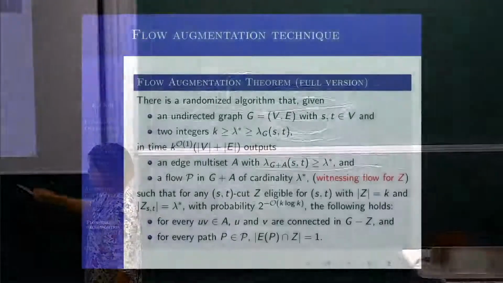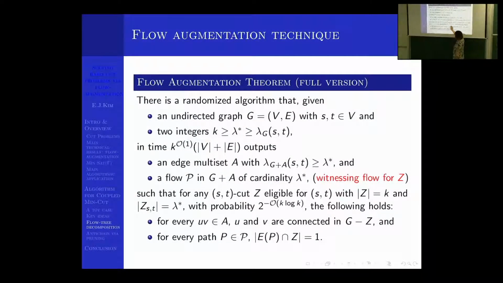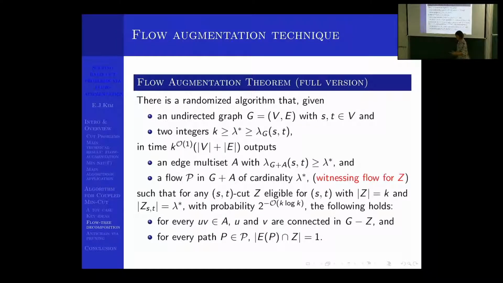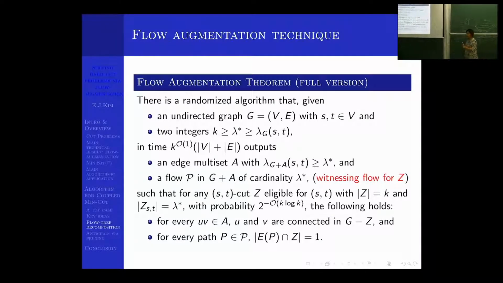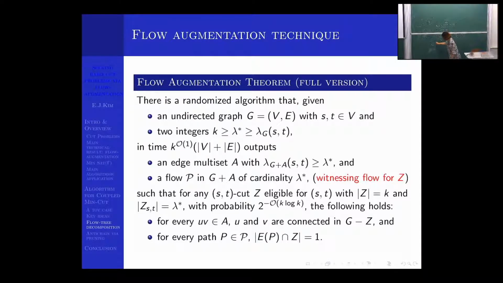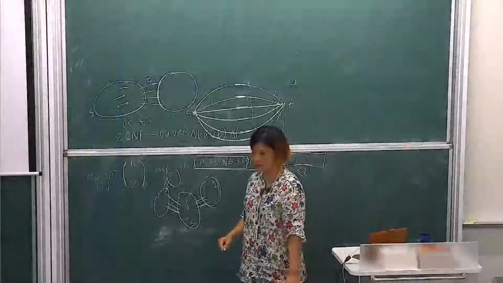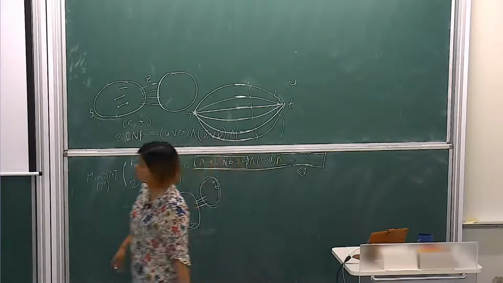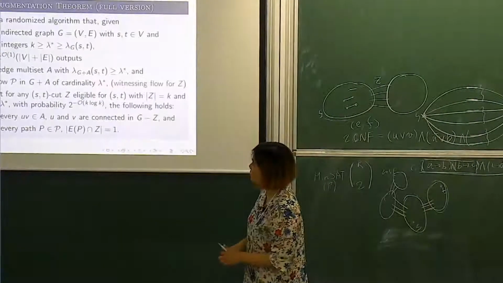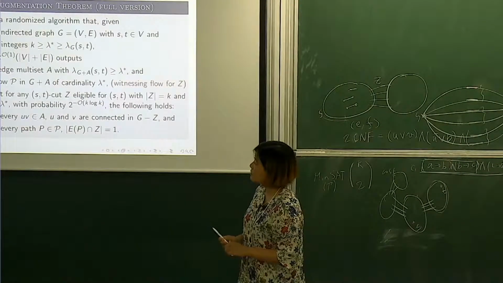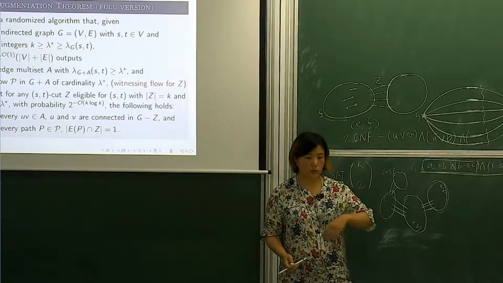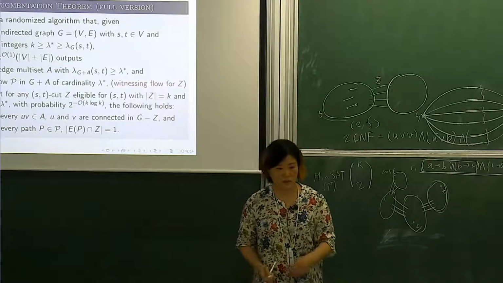But we have a little restriction on this, so it should be eligible. Eligible meaning that for any edge in Z, the endpoints should always cross different connected components. So you cannot have an edge like this in Z. Z is a subset of G which contains a minimal ST cut, but it can also cut out some more connected components.